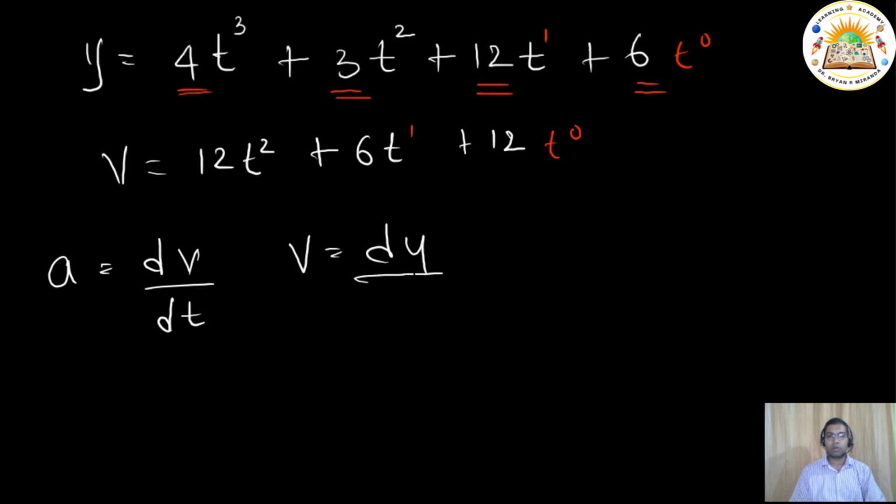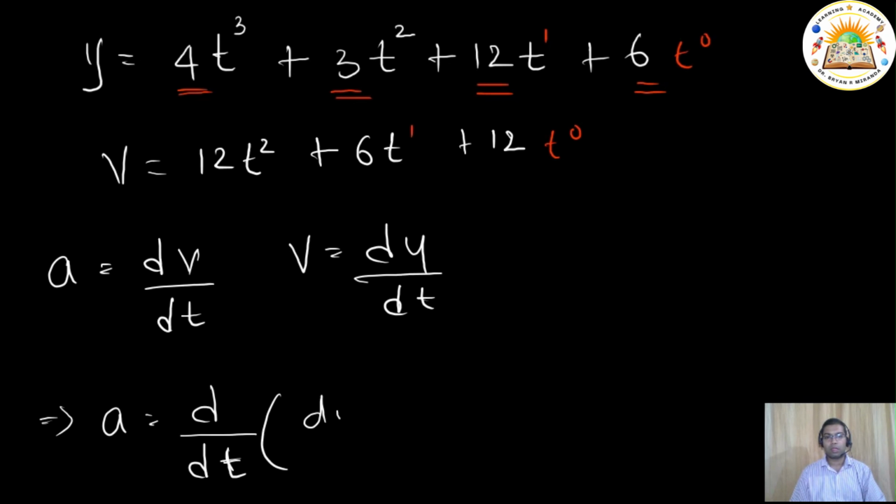But v is equal to dy by dt, so that would imply acceleration is d by dt of dy by dt, which is nothing but d square y by dt square. That means we are differentiating the displacement 2 times in order to arrive at acceleration. So mathematically, this is what it means. Here we are not using any graph. We are just using a formula and we are doing it. So let us go ahead and find acceleration.